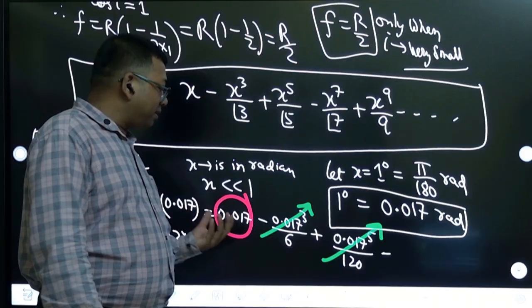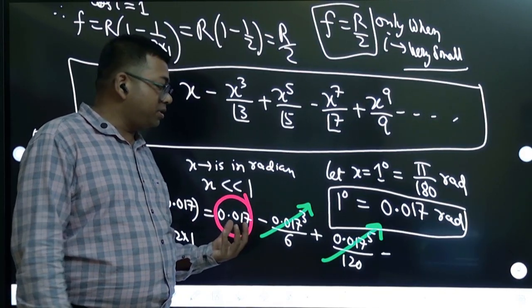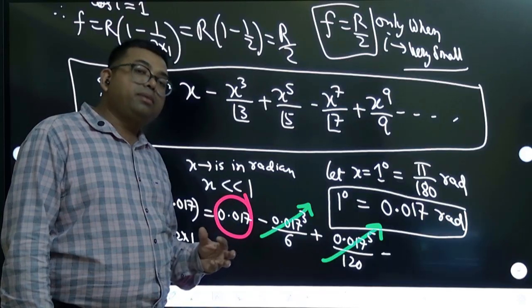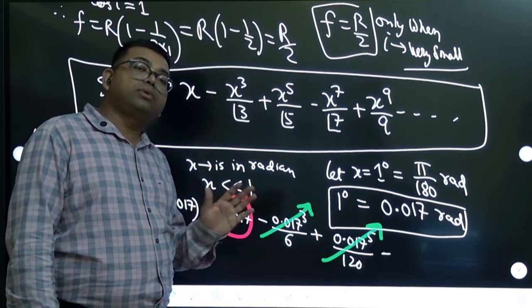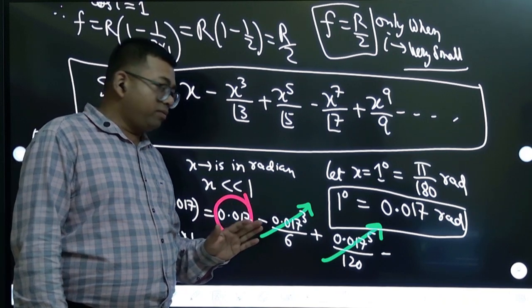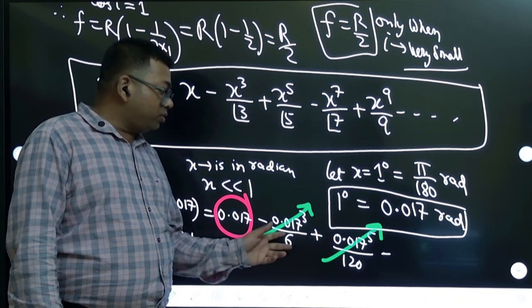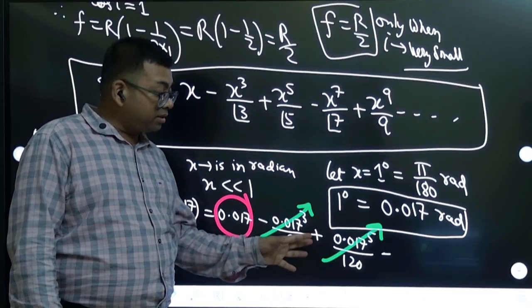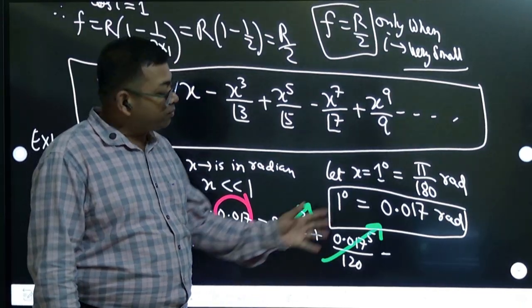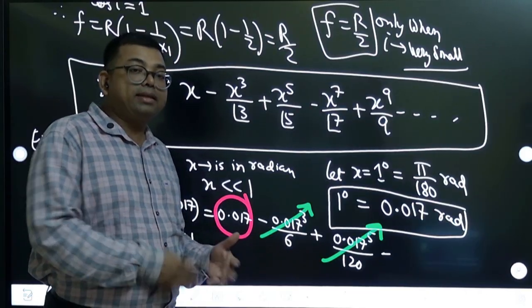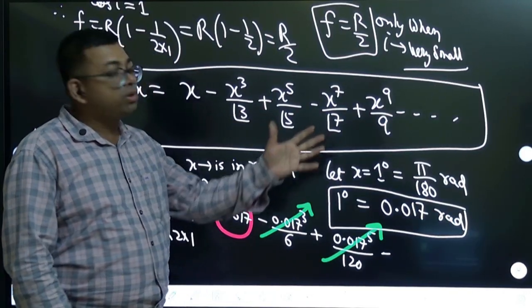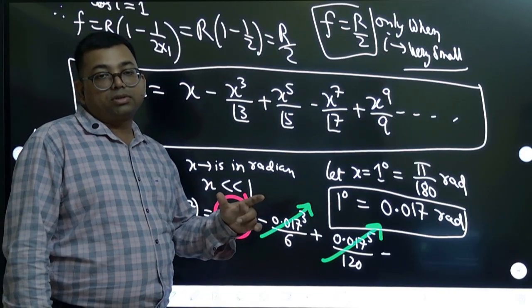Even sine of 10 degree can be written in terms of radian, taking the first term, but accuracy will be limited. If you write two terms, there will be better accuracy. If you write three terms, more accuracy. If you write four terms, the most accuracy. Like that, accuracy will increase if you write more terms.